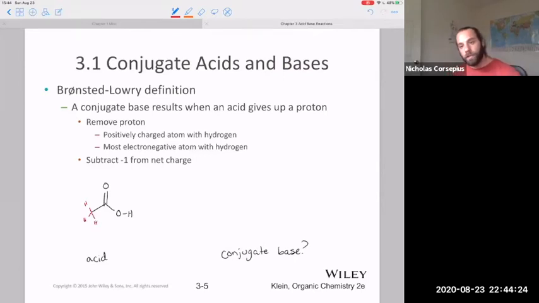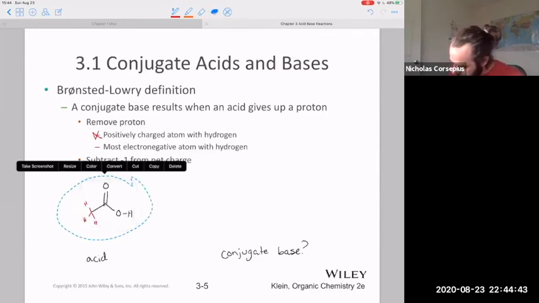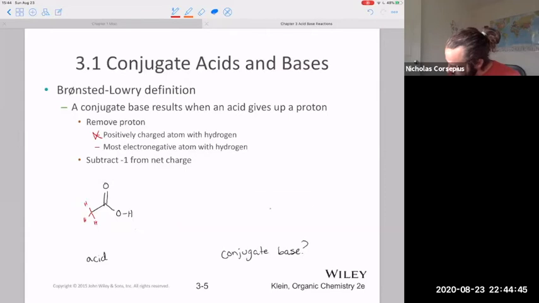So the question is, which one of these atoms is going to lose its hydrogen, the oxygen or the carbon? Okay, well, none of them have a positive charge, right? So I can't use this rule here. The next rule is that it's going to be the most electronegative atom that has that hydrogen. So in this case, the hydrogen that's being donated is going to be bound to that oxygen. It's going to be the more electronegative element.